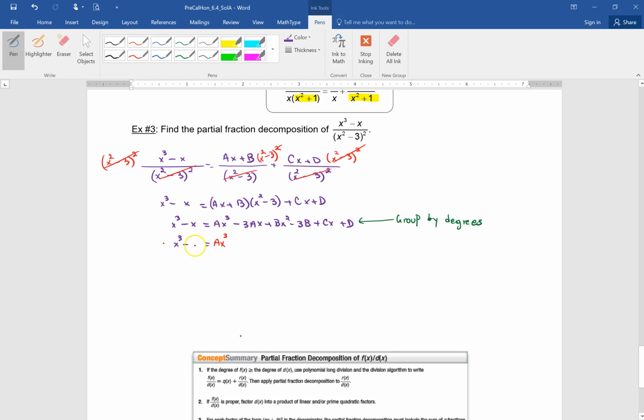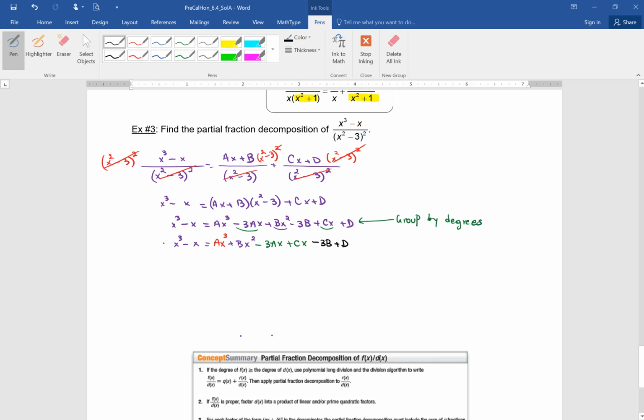Next is everything with x squared, which is just bx squared. Next, we take everything with x, so minus 3ax plus cx. Next, negative 3b plus d, the constants.